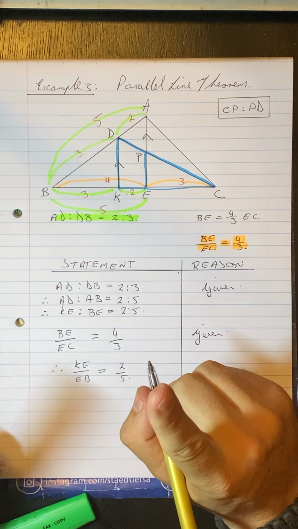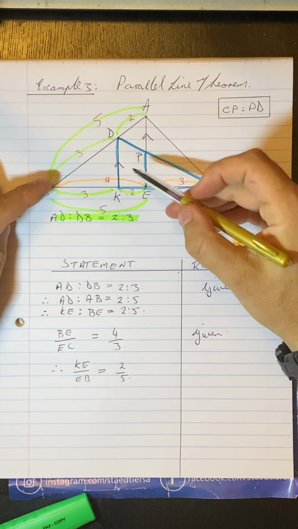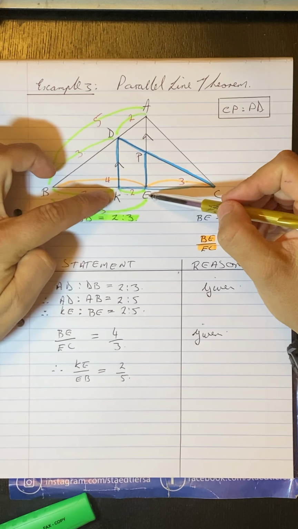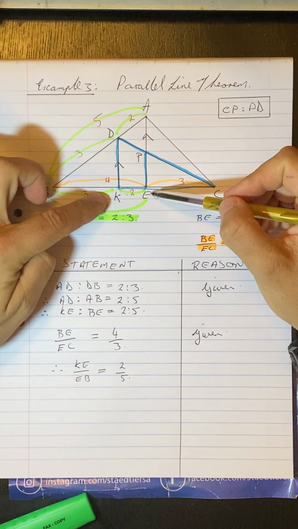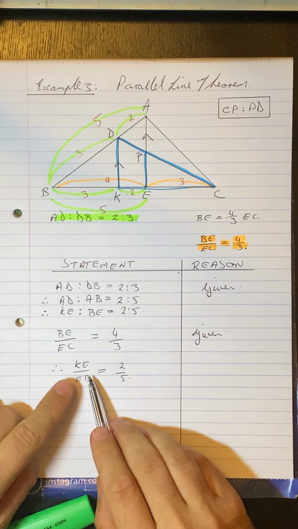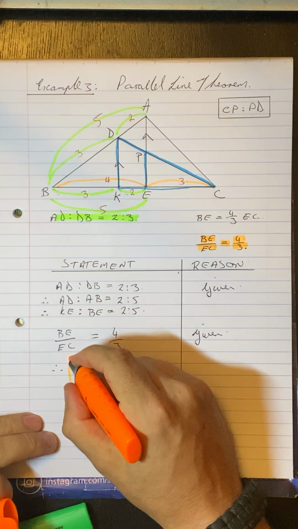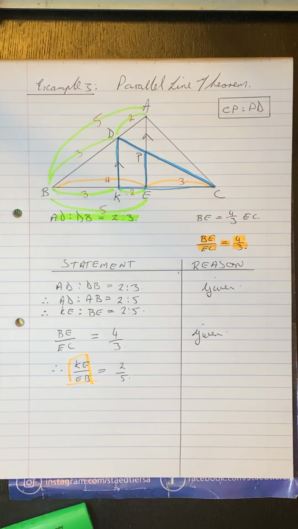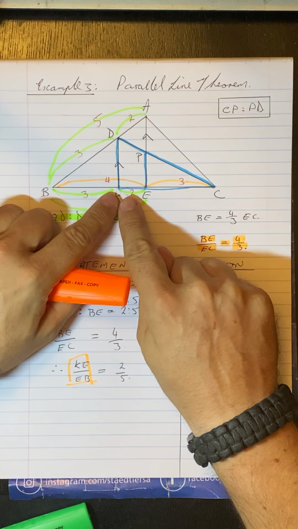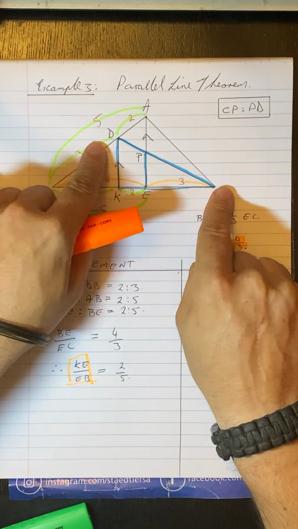What I want to do now is find the link between the orange hops and the green hops to get the KE on its own. This is going to be our orange hop bit. Why am I making it the orange hop bit? Because I want to get this KE bit with this 3 bit, then I can get those 2 there.